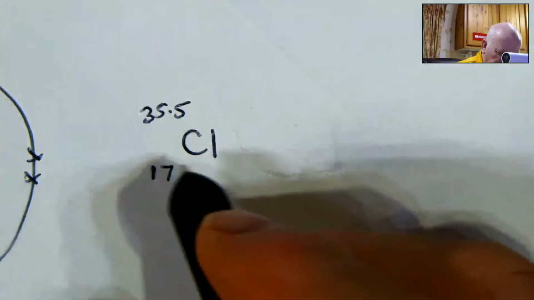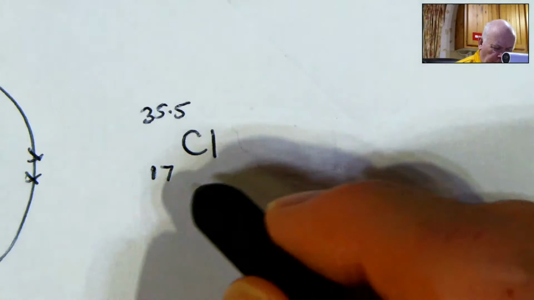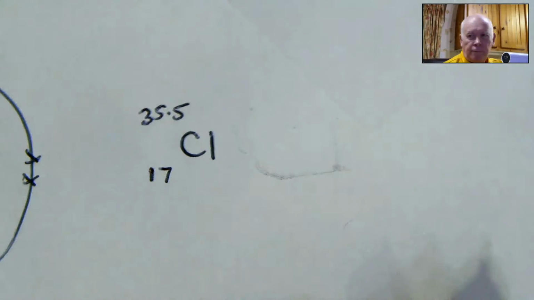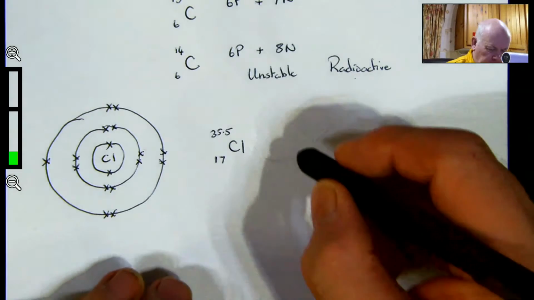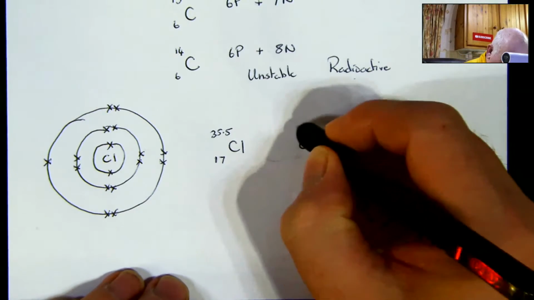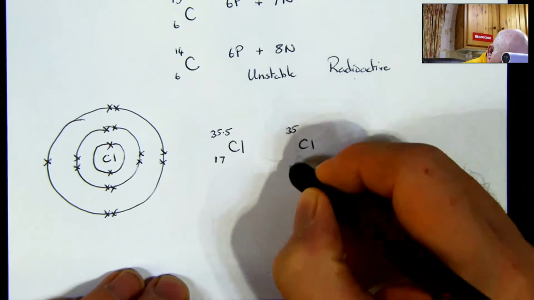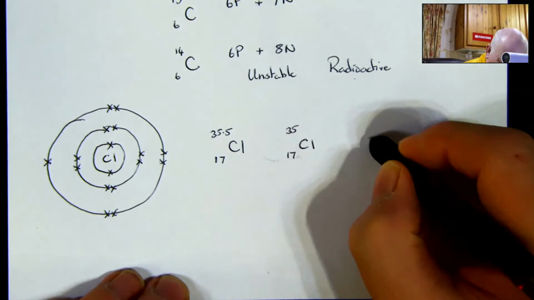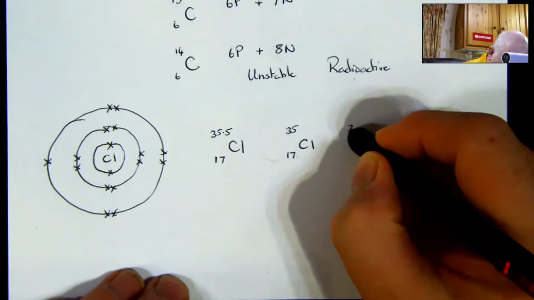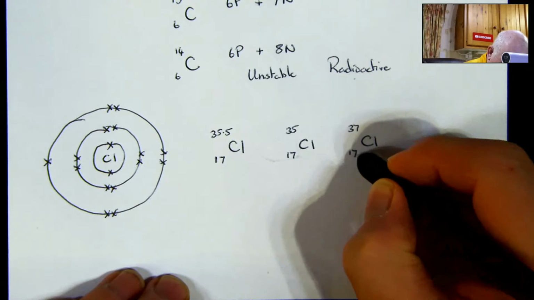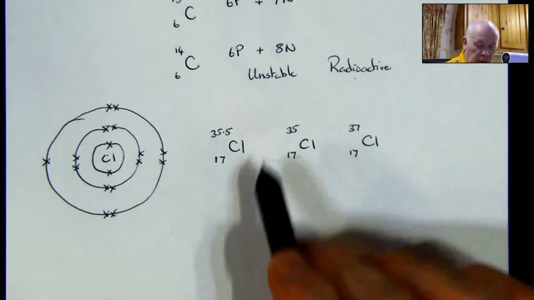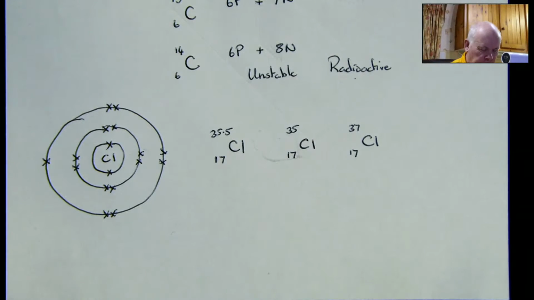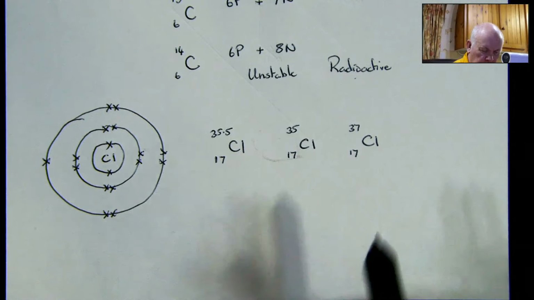Well, in fact, there are 2 isotopes of chlorine. And the 2 isotopes are chlorine 35 and chlorine 37. And this gives us a bit of a conundrum, because which one am I using?